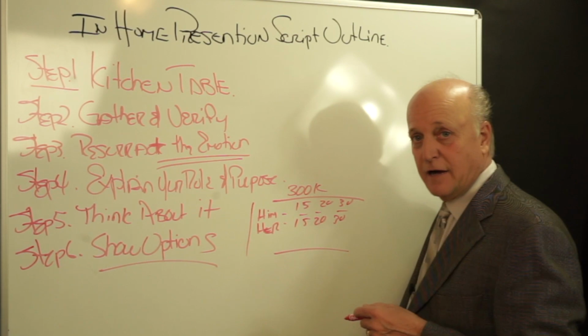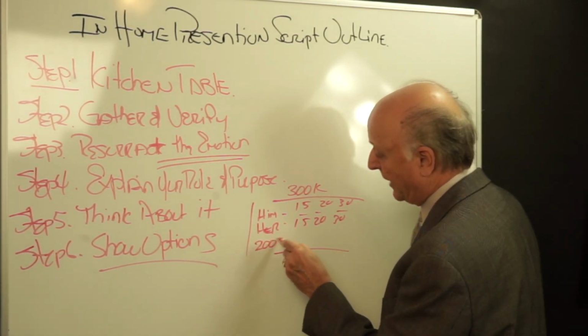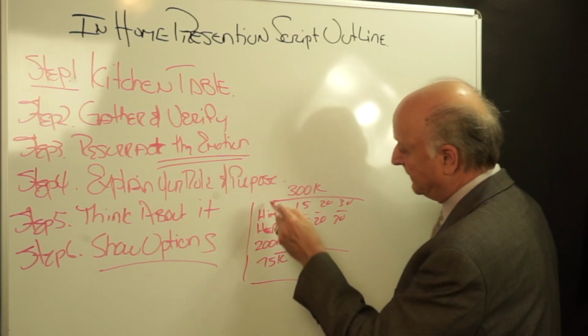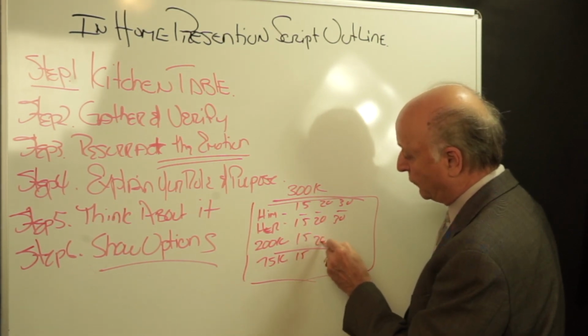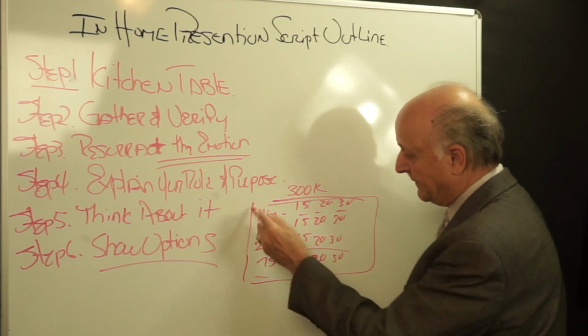So you go in there with 15 and 20, or 10, 15, and 20. Then you might want to do a $200,000 option, and then maybe a $75,000 option, right? And in this, I'm going to, again, same thing, 15, 20, and 30, right?